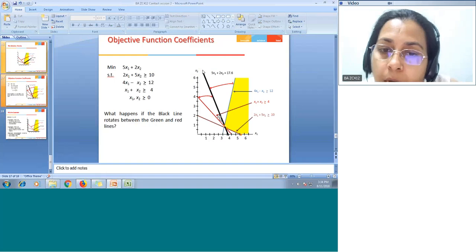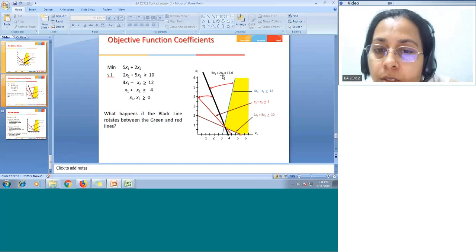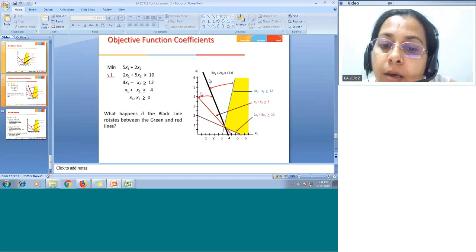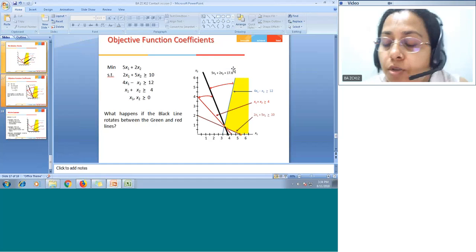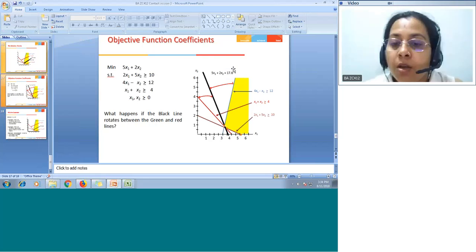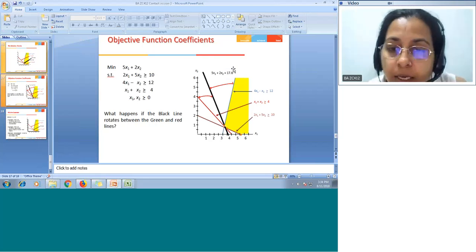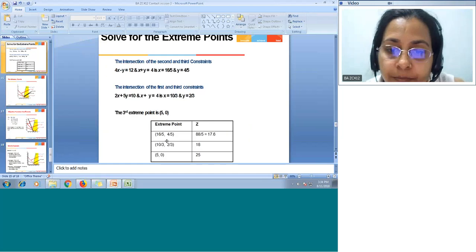So how much I change in this line, so there is no change in the optimal value of the objective function. So it will remain 17.6. 17.6 is the solution of this problem. So 17.6 as I solved it here.